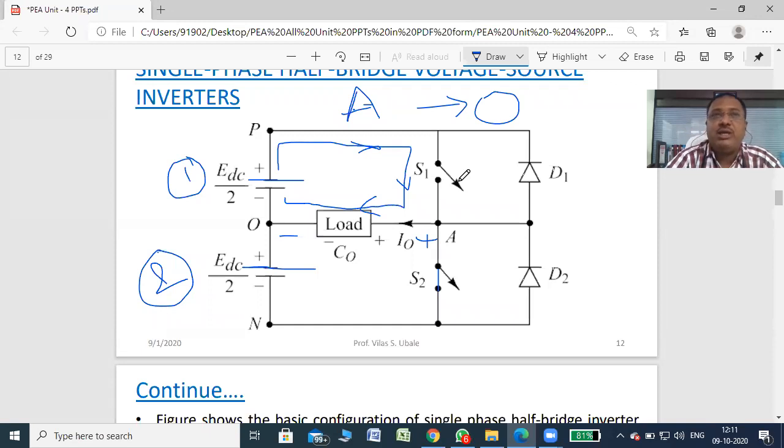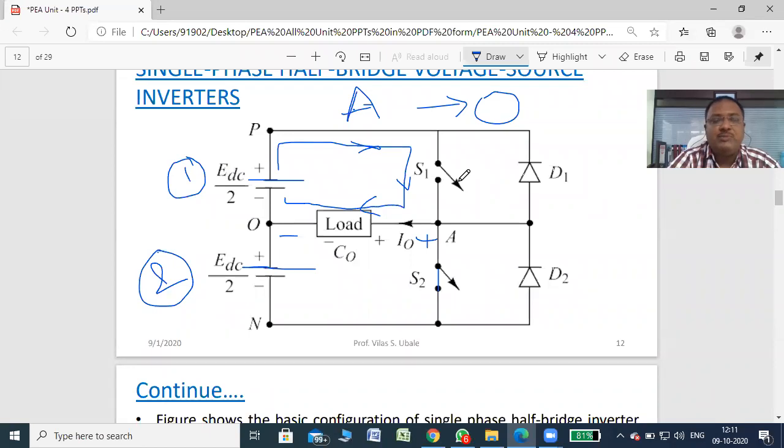But if you are using an SCR, then we should use some force commutation so that the current through the SCR falls below the holding current and the SCR turns off. Otherwise, your SCR never turns off. So keep in mind, if you are using an SCR, then you require force commutation because the input is DC.